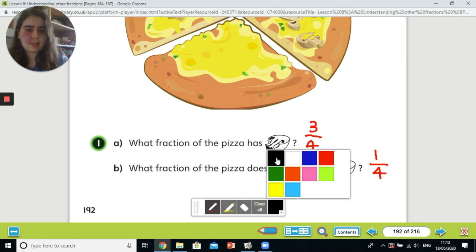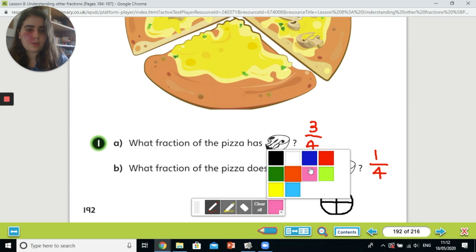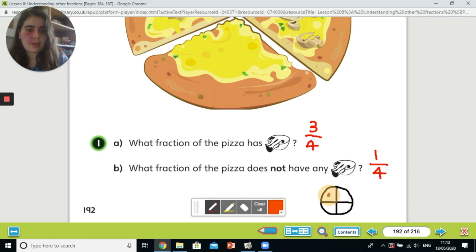Because if we look at a circle, like our pizza, that has been divided into 4 parts, 3 of our 4, I'm going to put an orange blob in 3, have got mushrooms on, which leaves us with 1/4 because we've got 4 quarters in total. 4 quarters is our whole.